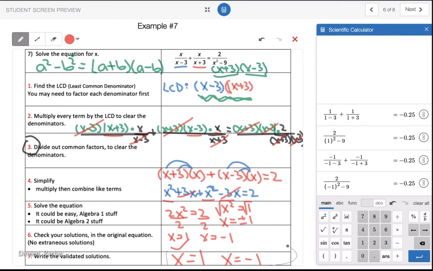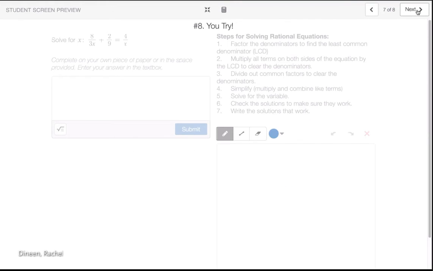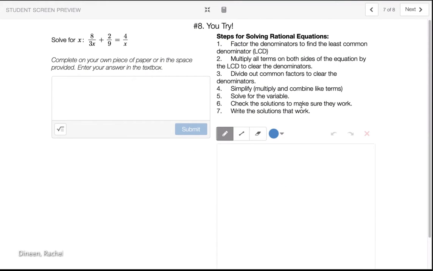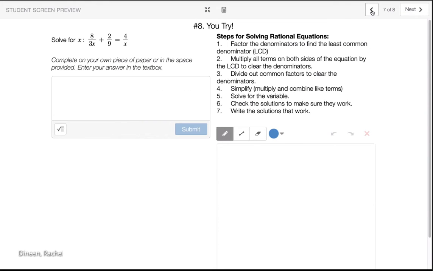All right, questions on that example? All right, I have one more example for you guys. Actually, this is one for you guys to try. Go ahead and try this one. You can complete it on your own paper or in the text box provided or in the sketch pad.